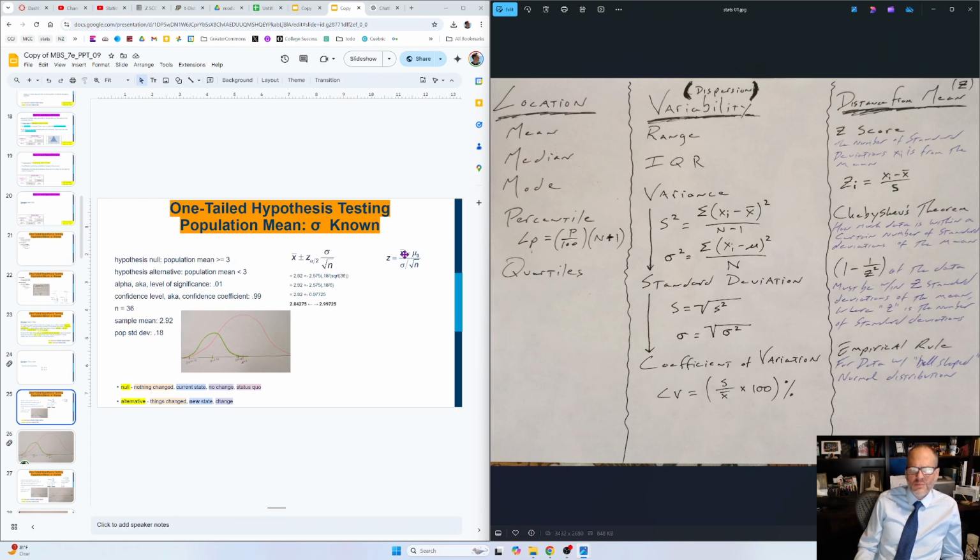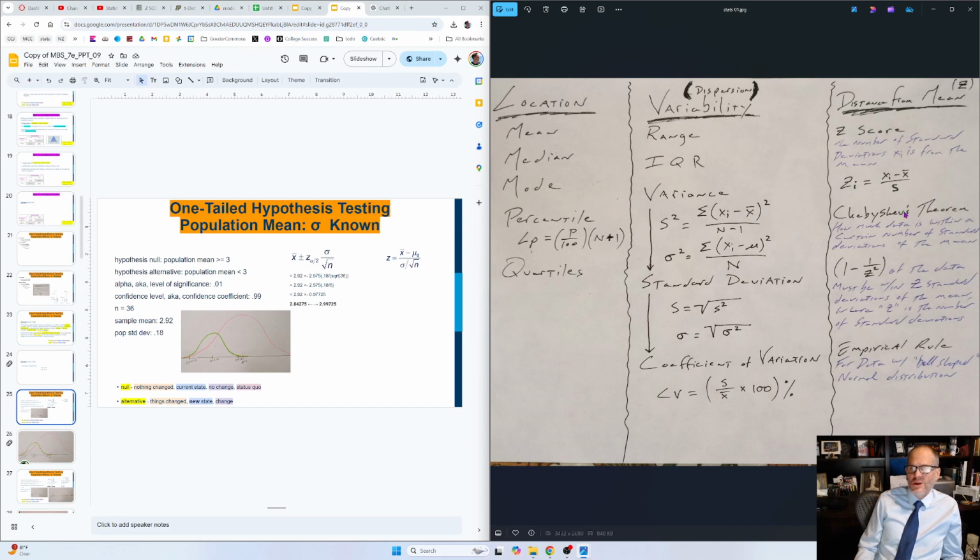Here we're finding a point: the sample mean minus the hypothesized population mean. That's some amount, how far the sample mean is from the hypothesized population mean. Then we divide that by the standard error.